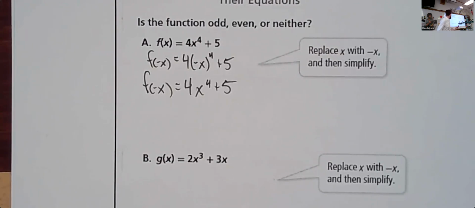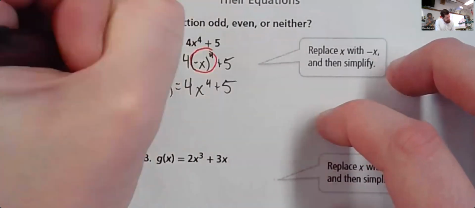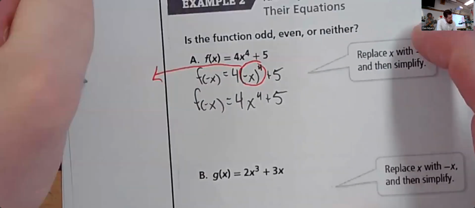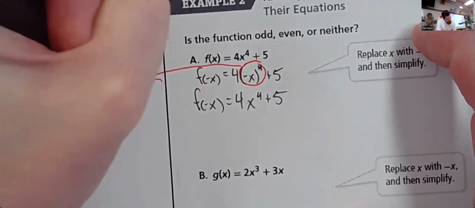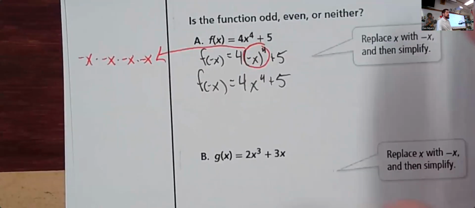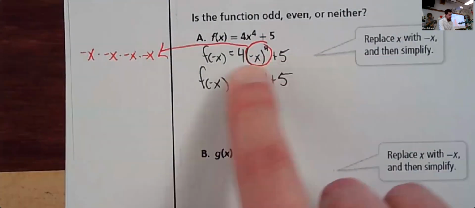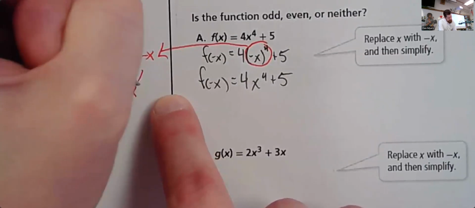The negative went away because if you take negative x, so here, I'll show you over here on the side. If we take negative x to the power of 4, just to clear it up for anybody else as well, you have negative x times negative x times negative x times negative x, because negative x to the power of 4 is multiplied by itself 4 times. These two turn into x squared, and these two turn into x squared.